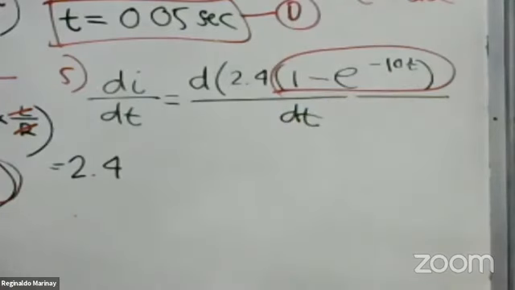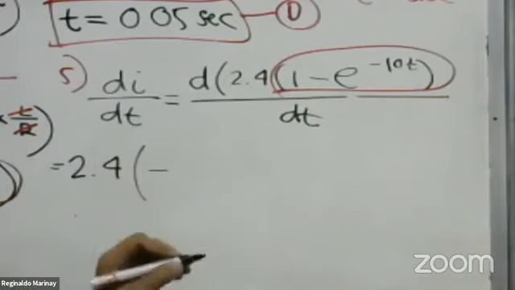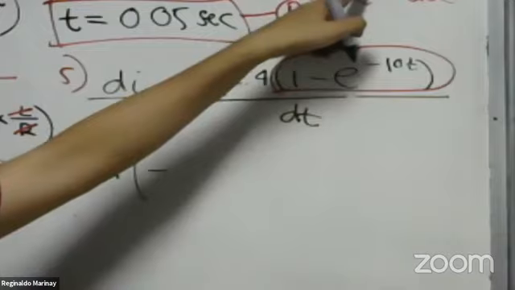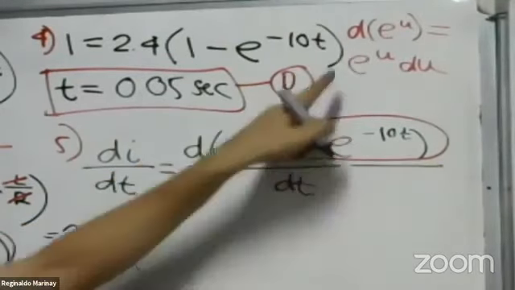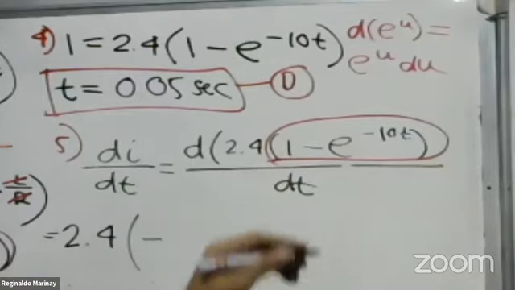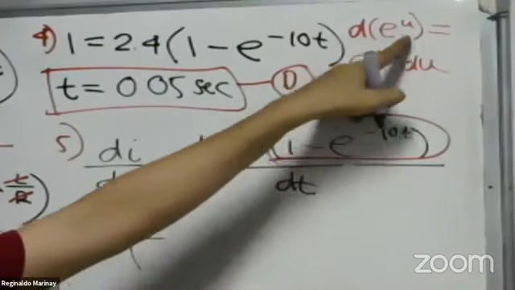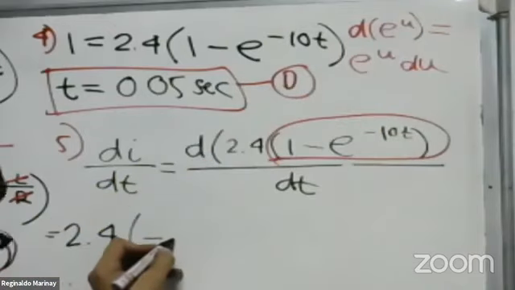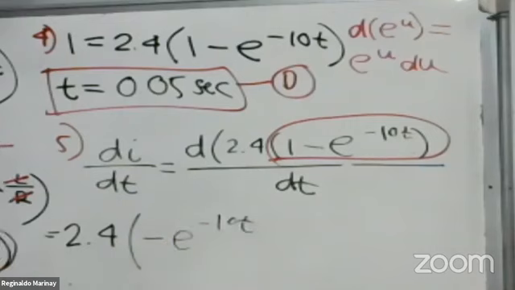I will just copy the negative. The derivative of e to the u is e to the u, so let's copy negative e raised to negative 10t times the derivative of u.